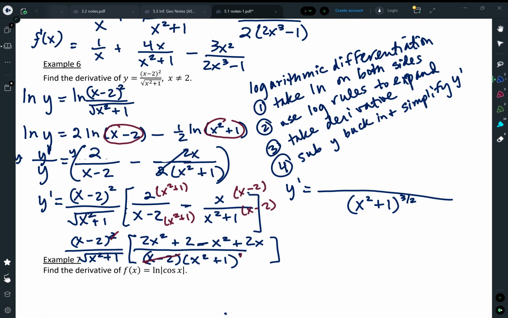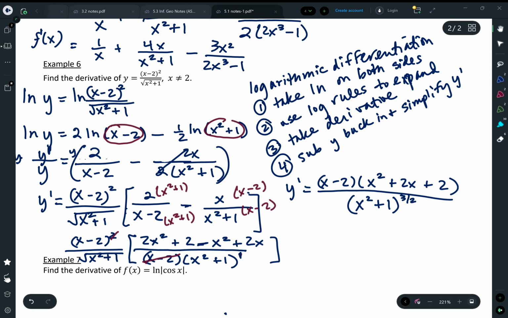Again, first power plus 1/2 power is 3/2. And then I can put those x squared terms together. And let's see, oh, I have the x minus 2 still. But then for the other one, 2x squared minus x squared is going to be an x squared plus a 2x plus a 2. All right, that looks great.